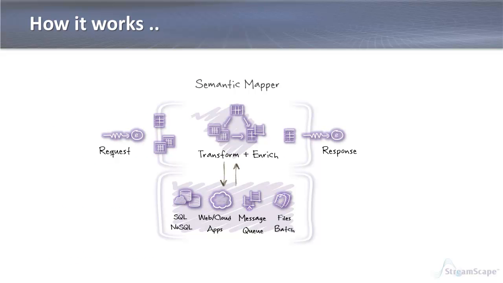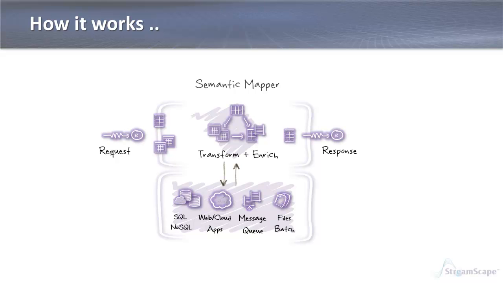So a little bit about how it works. Semantic Mapper effectively is part of the data fabric, and it can sit on top of enterprise applications, SQL and NoSQL databases, web and cloud apps, message queues, or batch files, and effectively allows you to transform and enrich data as it passes through the mechanism and tap into all of the enterprise storage underneath.